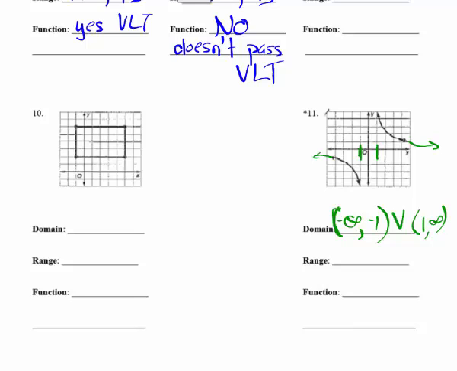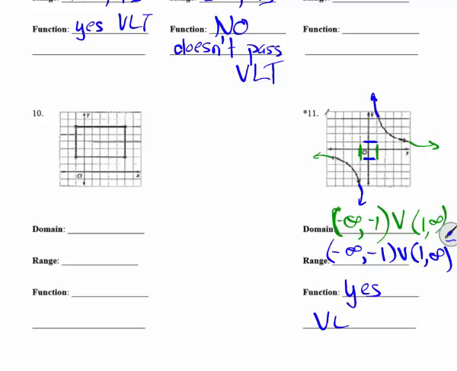Because in my range, right, my highest is going to keep going up, my lowest is going to keep going down. But between this value and this value, I'm not going to have any. So it's going to be basically what it was for your domain. So negative infinity to negative 1, and 1 to positive infinity. Is it a function? Yes, it passes the vertical line test.